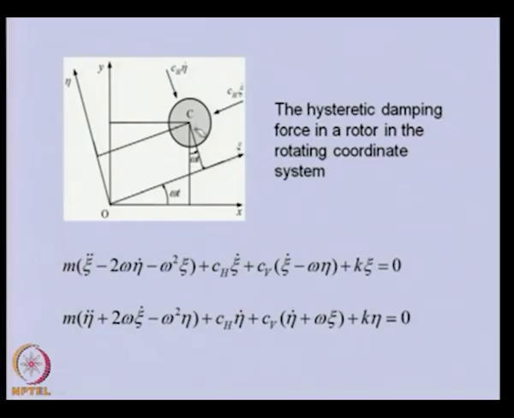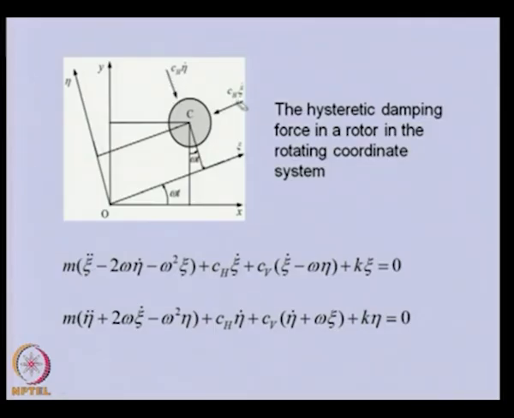So the rate of deformation of the shaft will be xi dot and eta dot, and if we multiply with the hysteretic damping coefficient, this will give the hysteretic internal damping force in the direction of xi and in the direction of eta.